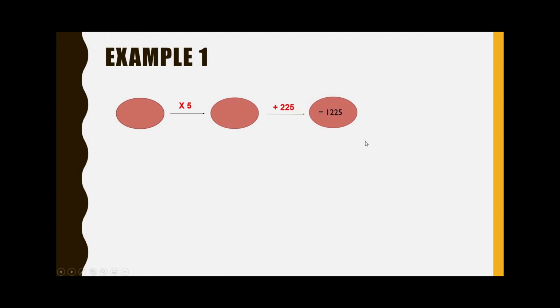Again, for solving this problem, we need to move backward by changing plus to minus, multiply to division.